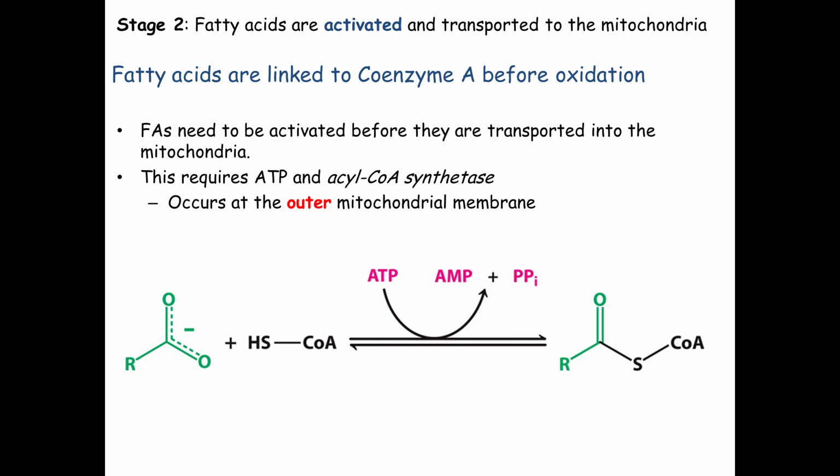So how do we get from the molecule on the left, the fatty acid in green, plus CoA, to the molecule on the right, which represents the fatty acid attached to CoA through that thioester bond? And if you remember, thioester bonds are not incredibly stable. So the first thing we're going to do is take the fatty acid and attach it to the ATP molecule, and that's shown on the next slide.